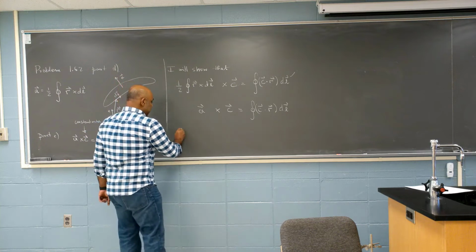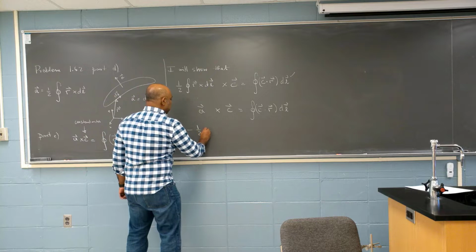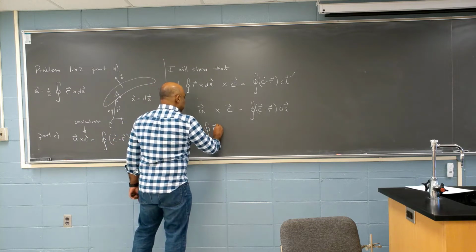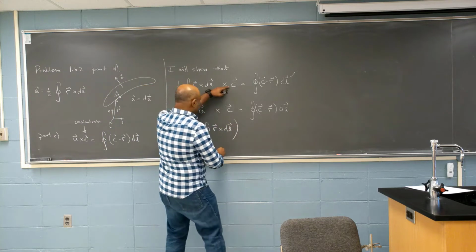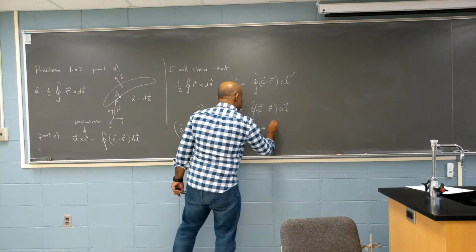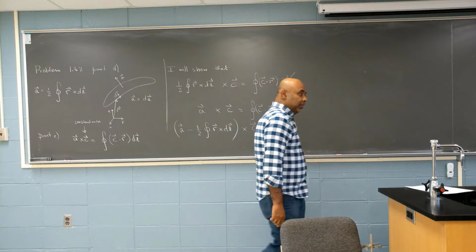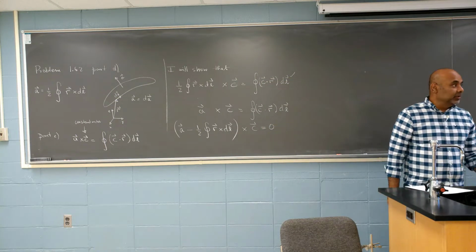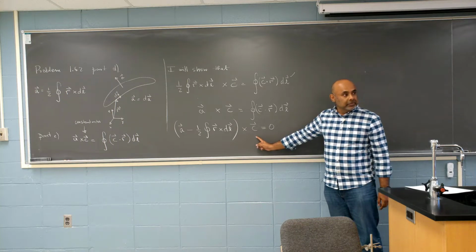I will have shown that A minus 1/2 R cross dl, cross C, is equal to 0. But this is not true for just one vector. This is true for any C. Correct?